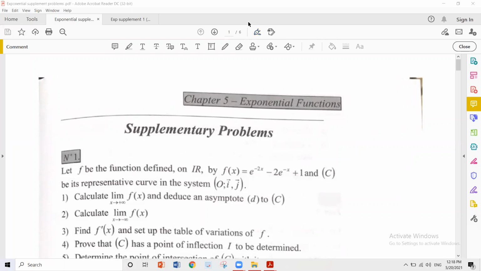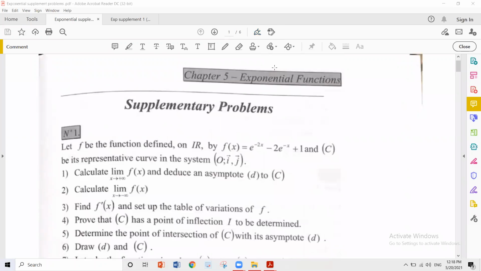Yeah, let's start. We solved about 6 problems on logarithm. Now we are going to start with exponential. These exercises are from the mastering book, they are not solved.